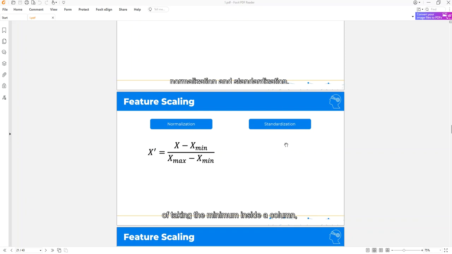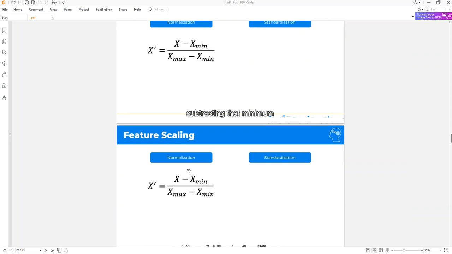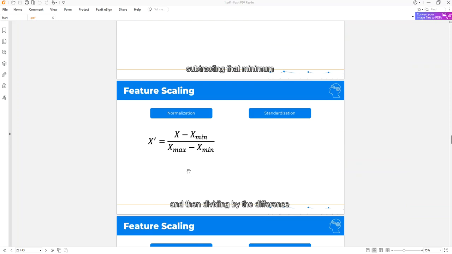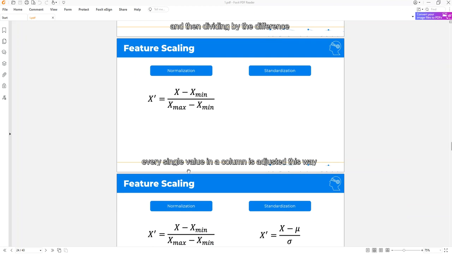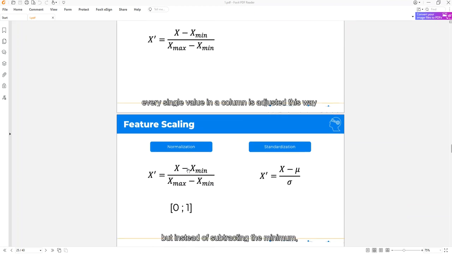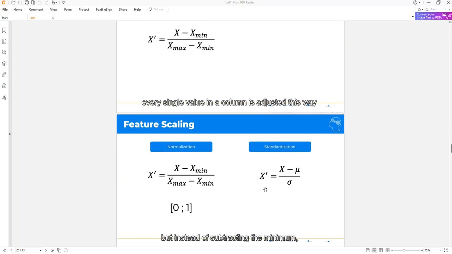Standardization will be the one that we will be using in the actual model that we will be training. So that's what I explained to you: subtracting the minimum and then dividing it by the difference of maximum and minimum. So all the values will be adjusted in this way between 0 and 1. In standardization, we will see the example very shortly, so don't worry about that.